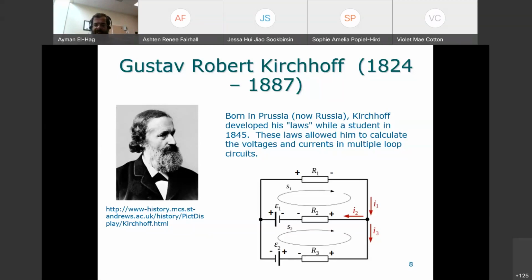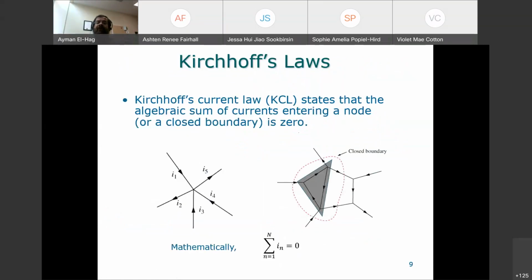Okay, so let's see what is these laws. The first one is the Kirchhoff current law, which we will cover today with some examples. The Kirchhoff current law is related to current. So the law itself is about currents in the circuit. That states that the algebraic sum of currents entering a node is 0. And note here the algebraic sum.